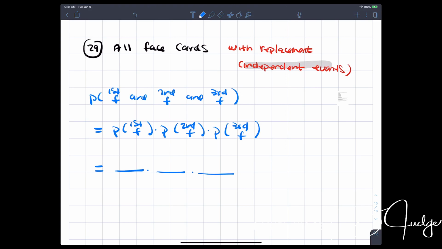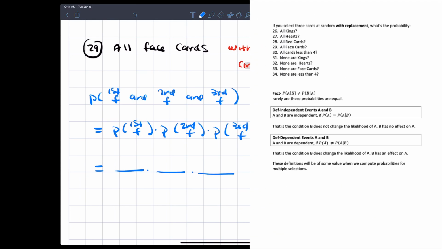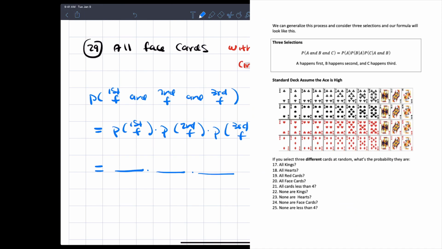So let's stop and think about, what does it mean to have a face card? It's a card with a face. So how many cards have a face? I might have to go all the way back up here to look at them. Here we go. We got the three looks like spades, 3 clubs, 3 spades, 3 hearts, 3 diamonds. 3 times 4, is that what? 12 out of 52.